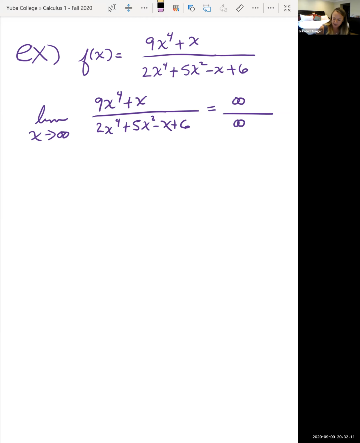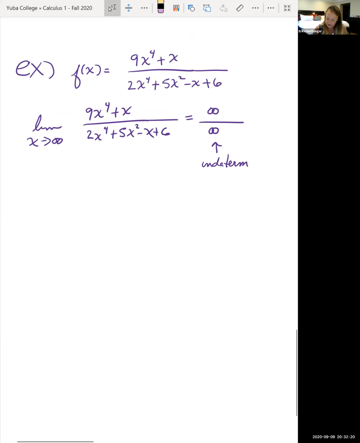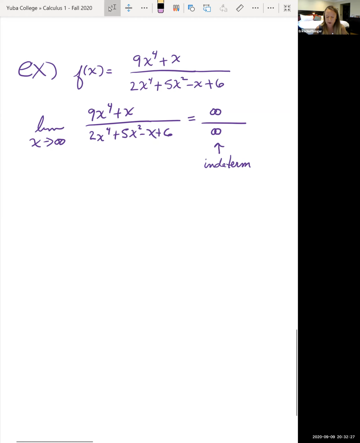And so this gives me an indeterminate form. And so we need to manipulate this to help us figure out what that limit is, if it does have a limit going to some horizontal line L, or if it's going to infinity or negative infinity.